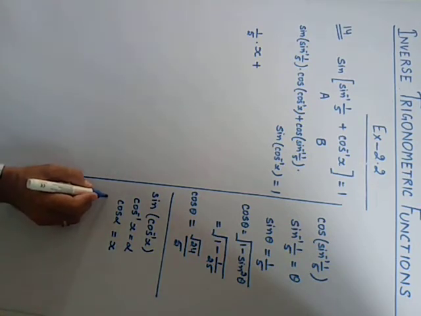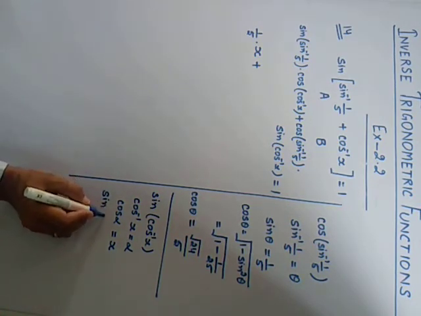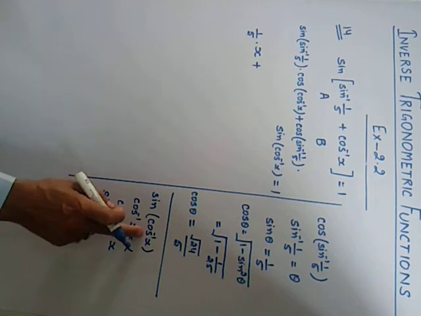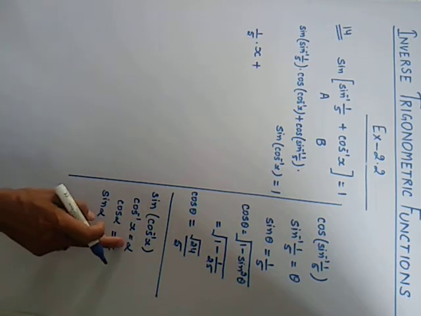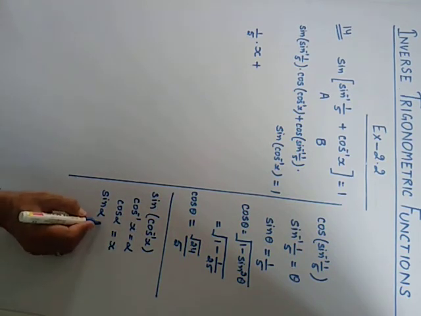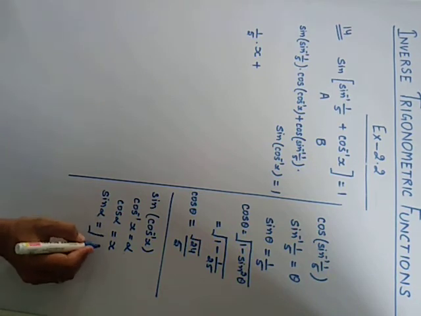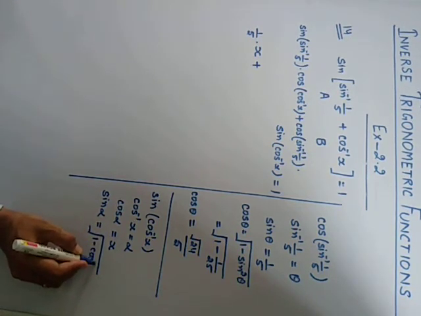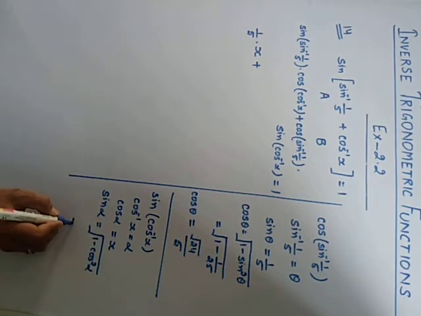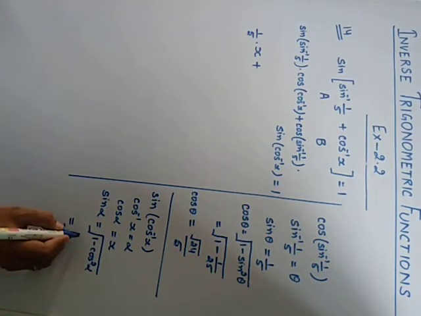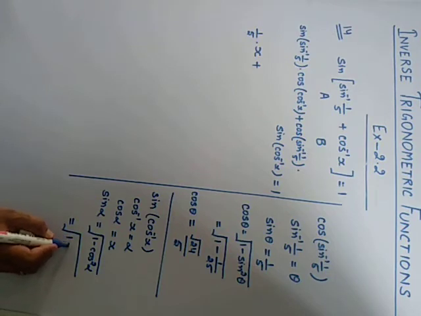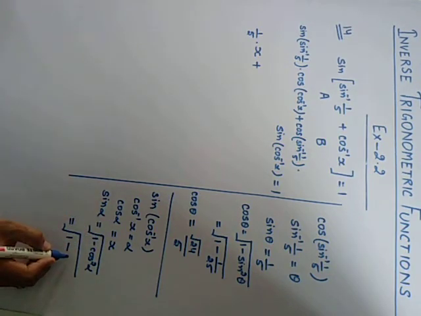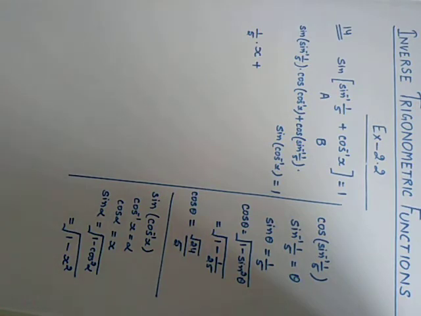Now we have to find the value of sin alpha because we have taken cos inverse x as alpha. So sin alpha equals under root 1 minus cos square alpha, which equals under root 1 minus x square.